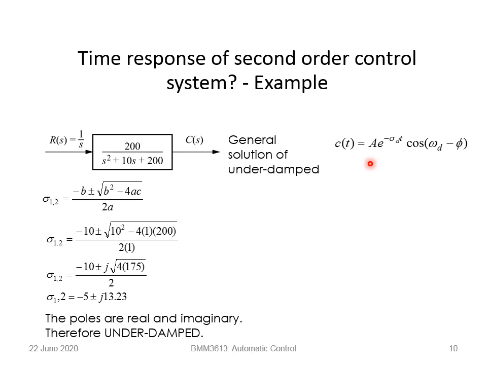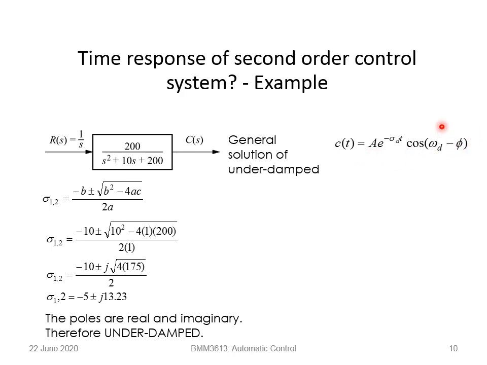If you need to find the exact values of A and phi, we can do that, but for the moment what we're going to do is just estimate from the transfer function what type of second order time response it is. Now it is underdamped, and we have this kind of general solution.